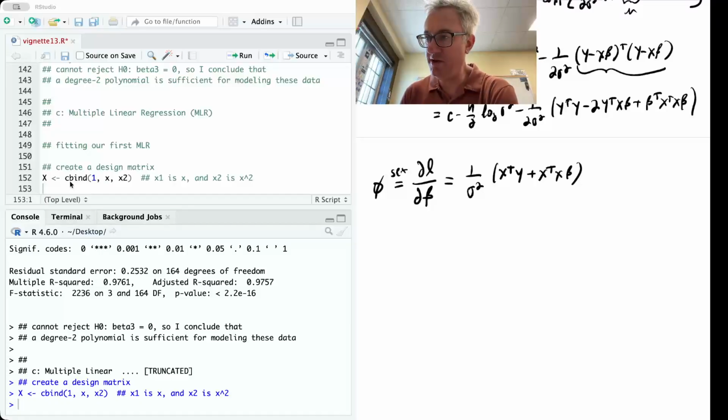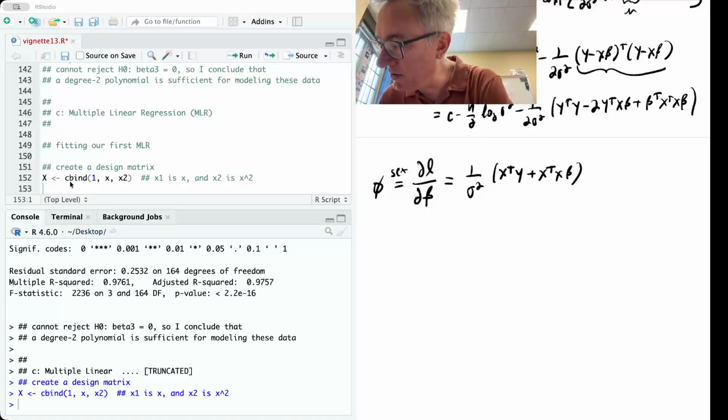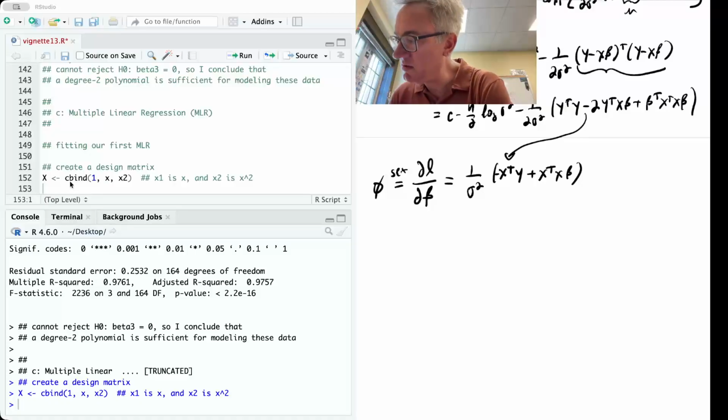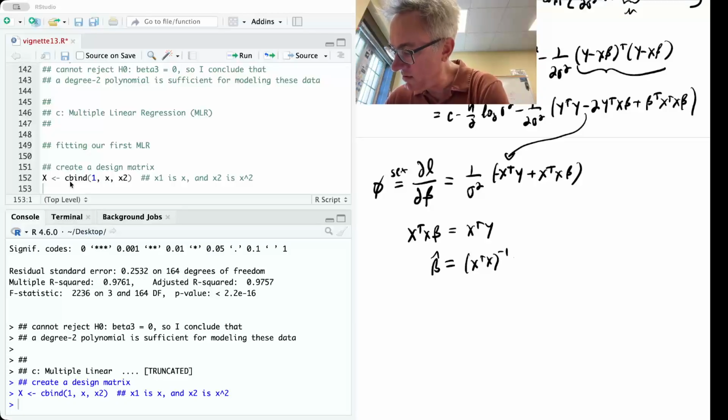And when I move everything around, so one part of that sum is on the left of the equals and the other part is on the right, I think I'm missing a minus. I apologize for that. There's a minus right here because of the minus that's there. I'm going to get x transpose x beta equals x transpose y. And so beta hat, when I move everything onto the right, is x transpose x inverse x transpose y. So that is the solution to my MLE.